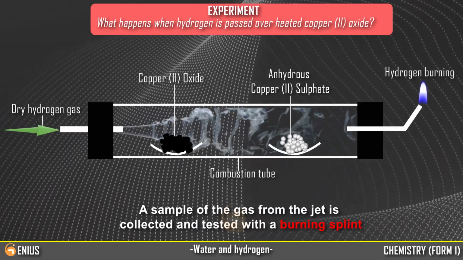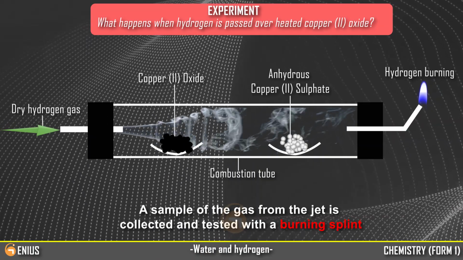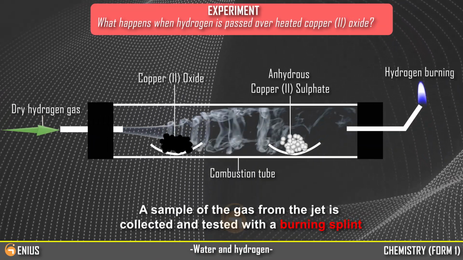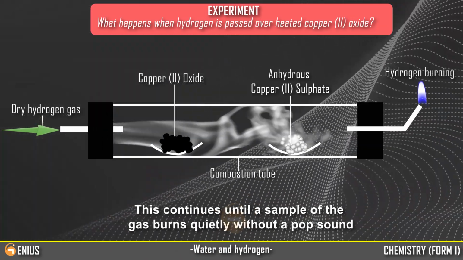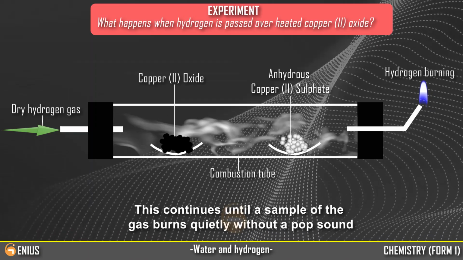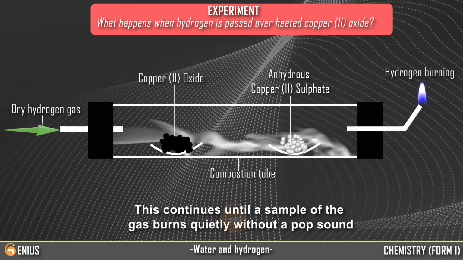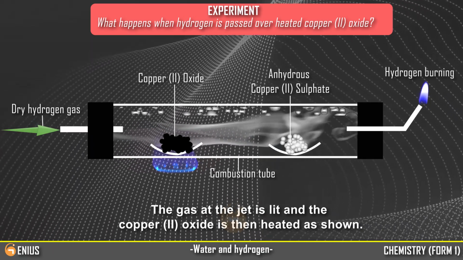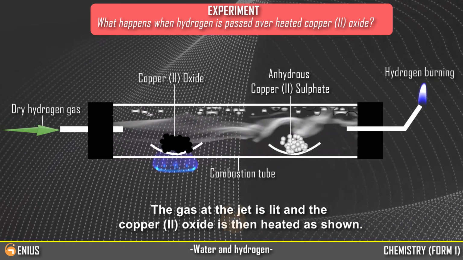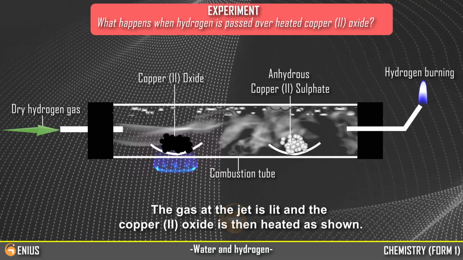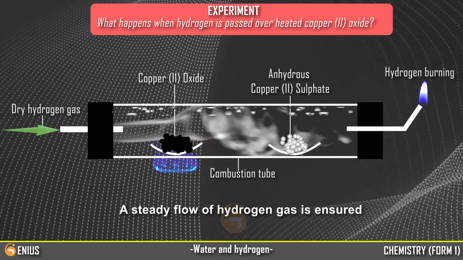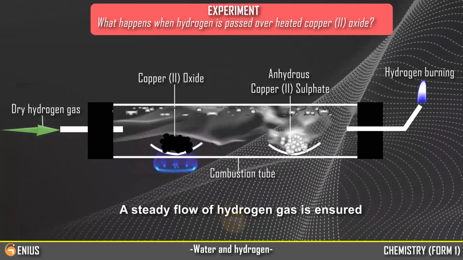A sample of the gas from the jet is collected and tested with a burning splint. This continues until a sample of the gas burns quietly without a pop sound. The gas at the jet is lit and the copper(II) oxide is then heated as shown. A steady flow of hydrogen gas is ensured.